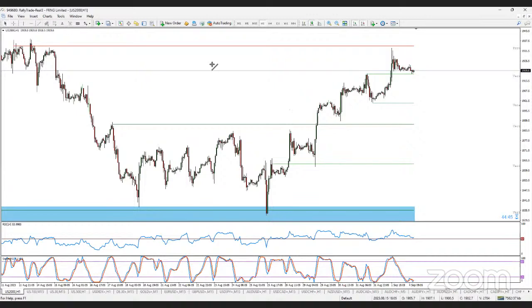Now I can zoom out and decide to link these lows together. I can come here and link this low, or this one, or link it to this present one here.